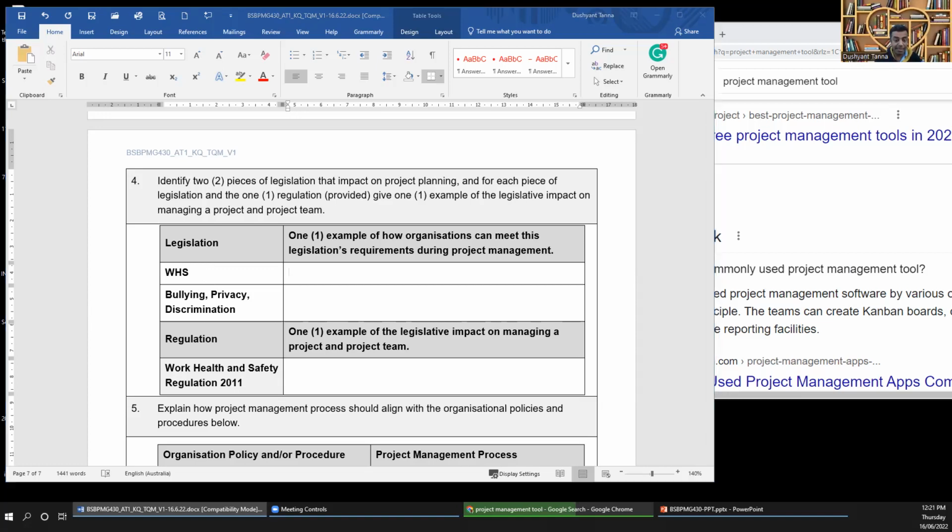Another, let's say, discrimination: you have to ensure a zero tolerance policy towards discrimination or bullying. Again, you can write that as a part of your project document.